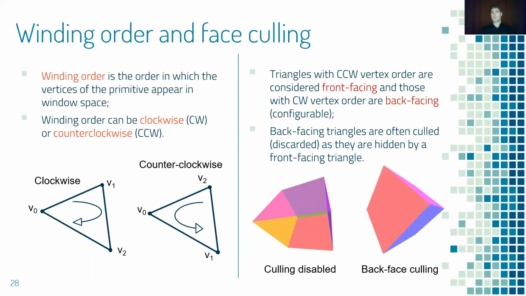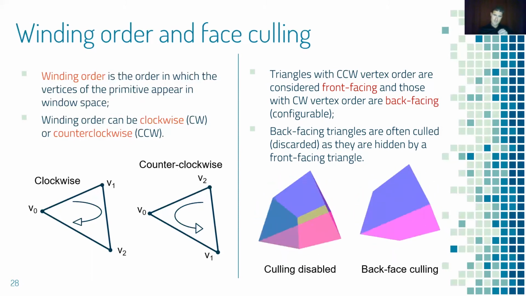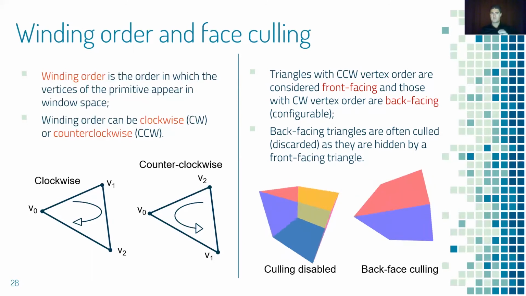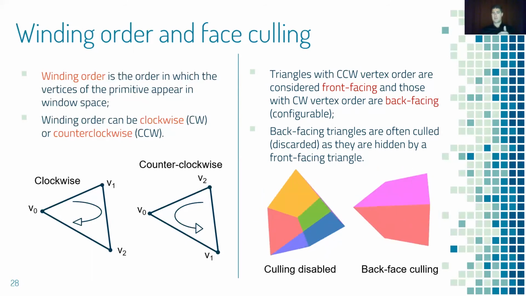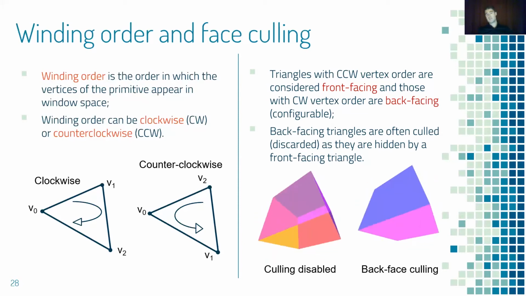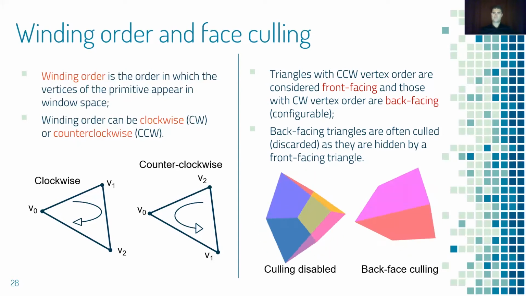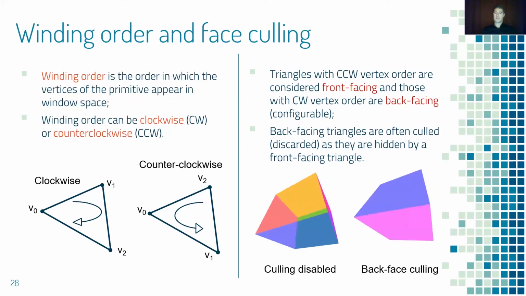Look at those two rotating boxes. The left one has culling disabled, and you can see that those faces of the box that shouldn't be visible, that are hidden, are still rendered because culling is disabled. The right box has culling enabled, and those faces are not drawn.